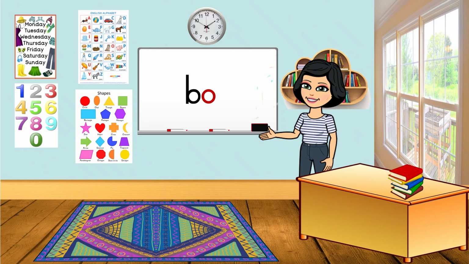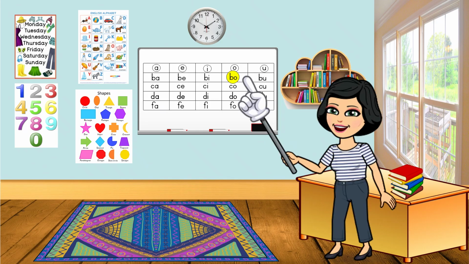Say the sound after me, ba. I want you to find the sound ba on your page. Put your finger on the sound ba. Let's say the sound ba. Say the sound after me again, ba.